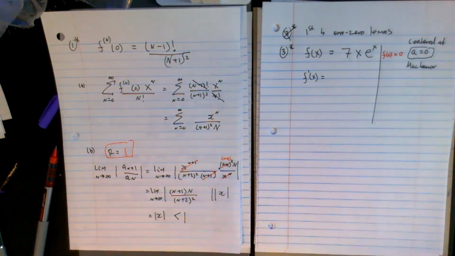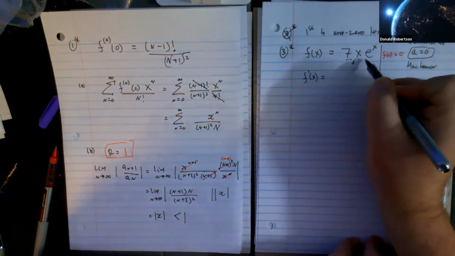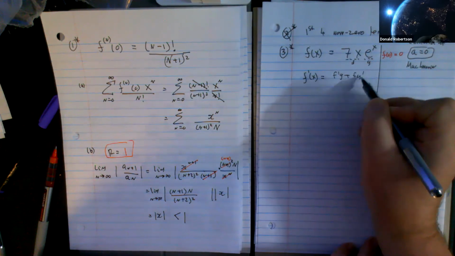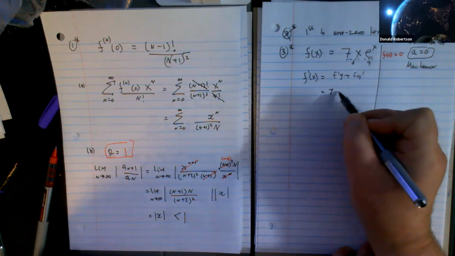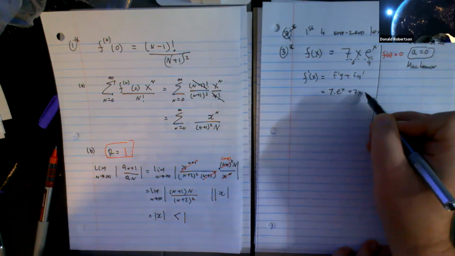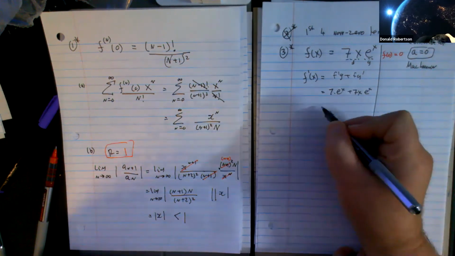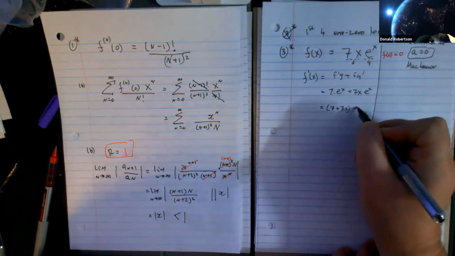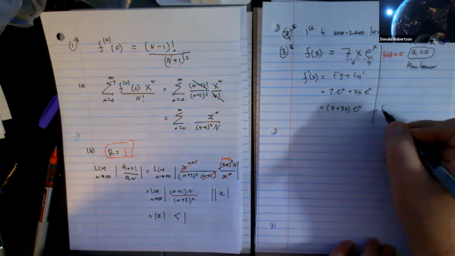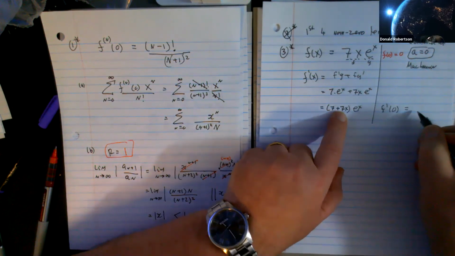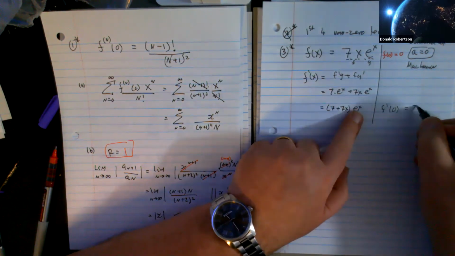Correct, the product rule. So you get 7 e to the x plus 7x e to the x, which is (7 plus 7x) e to the x. The first derivative at 0 is 7 plus nothing, which is 7, times e to the 0, so that's 7.